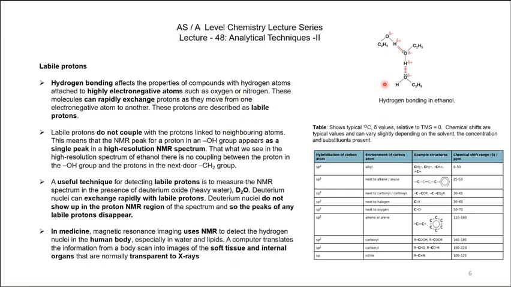For example, we take this one, ethanol, and this oxygen has a high electronegativity compared to this hydrogen, and therefore they have bonding, and we call this hydrogen bonding. So the hydrogen bonding could affect this spectra.